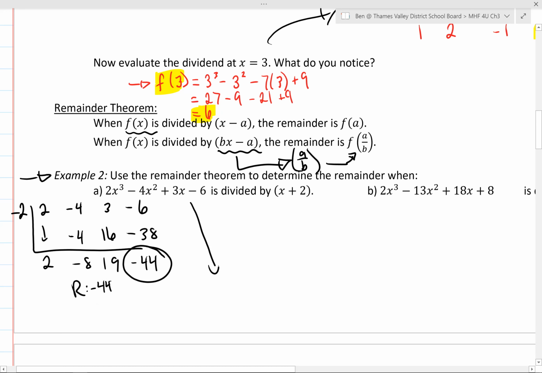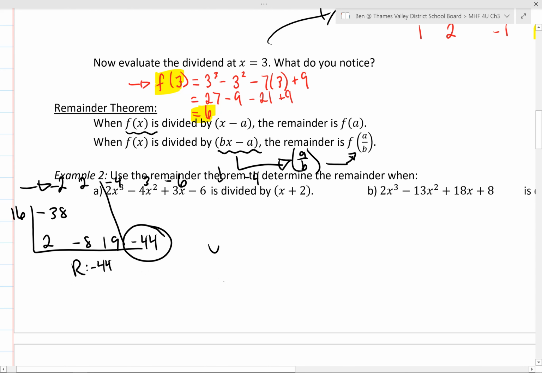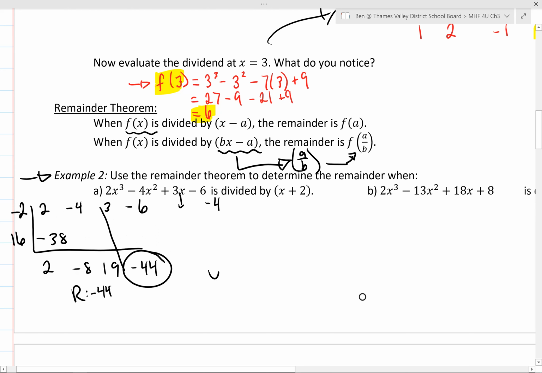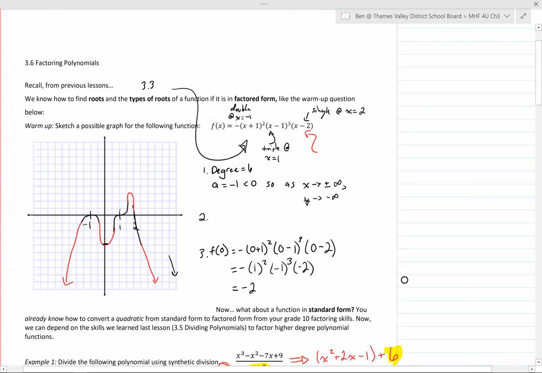Well, instead of doing that, if we use our remainder theorem that we just found, we can simply evaluate our function. Whoops, I'm not sure how I even accidentally did that. I apologize, folks, allow me to fix what's going on.